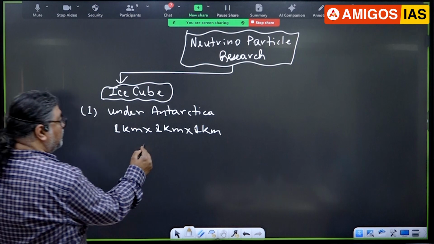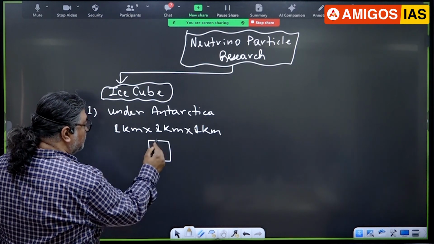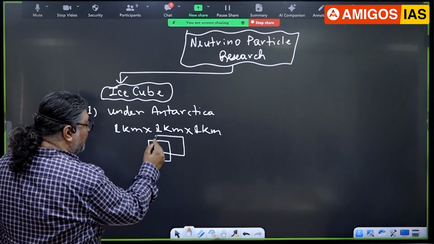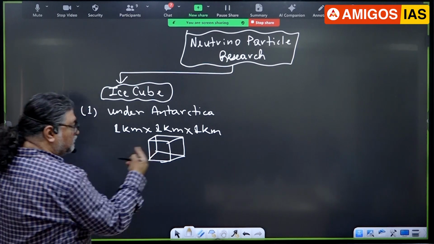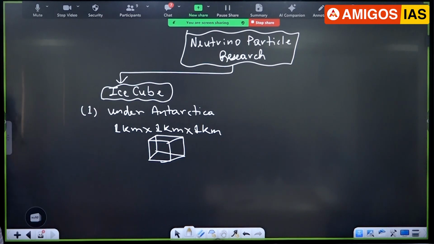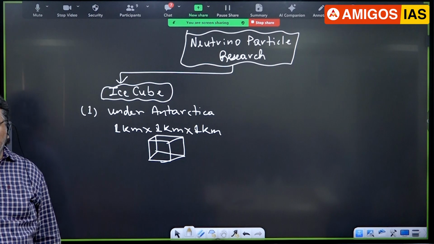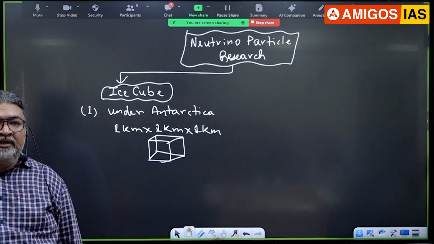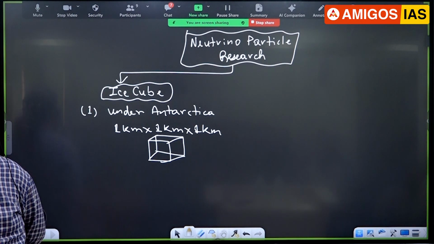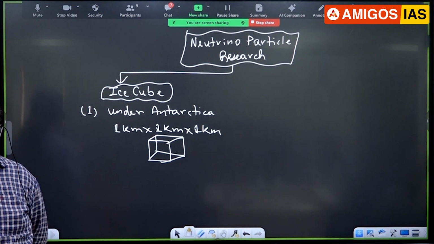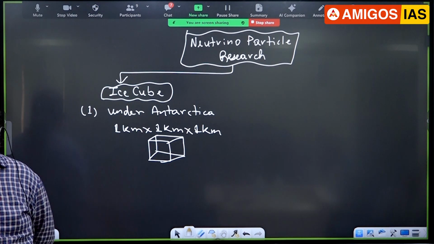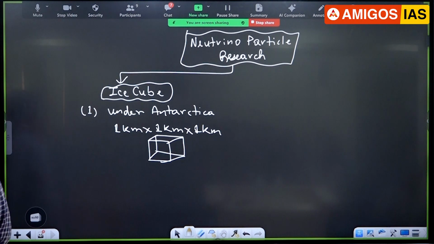So it is basically a lab. Imagine one kilometer, you understand? From here to Himayat Nagar, the RTC crossroad, imagine that distance as length, that distance as width, and also depth.